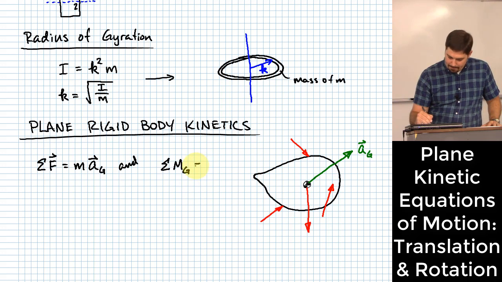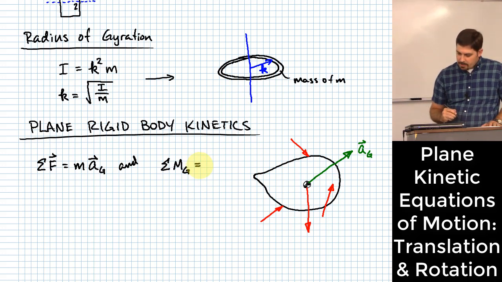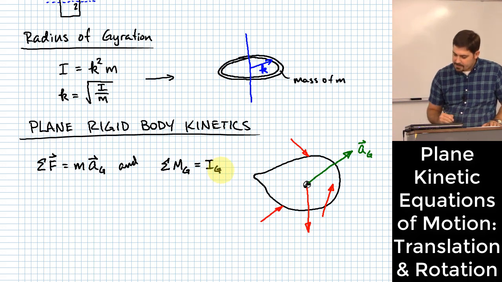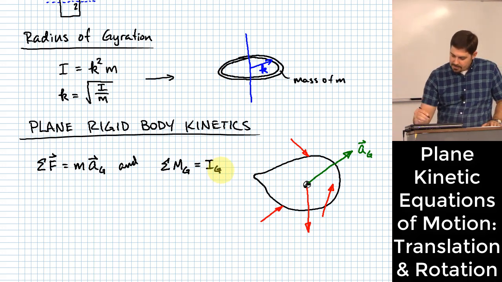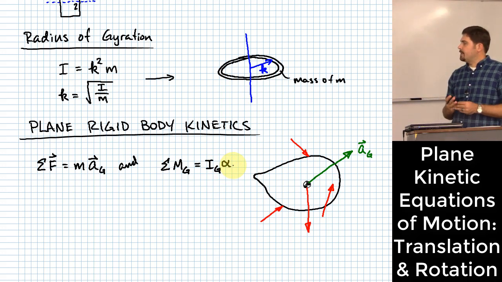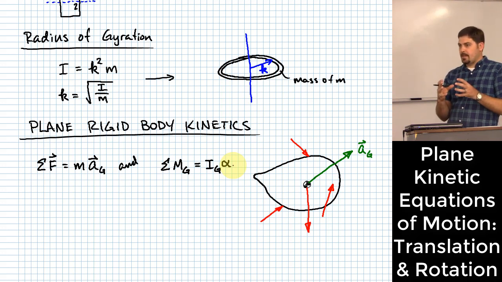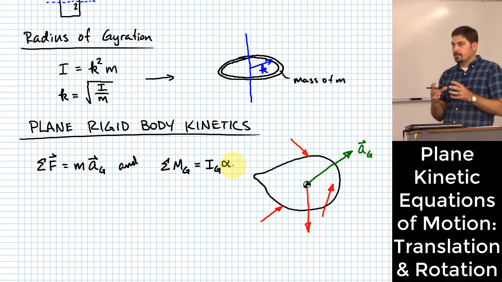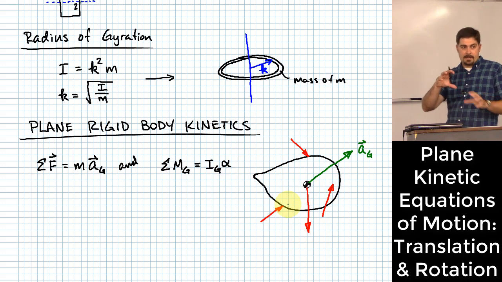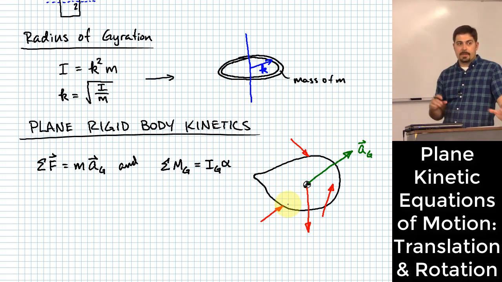And this is going to be equal to the mass moment of inertia about that center of gravity times alpha. And alpha doesn't actually need a subscript on it because an angular acceleration is the same for the entire body. Okay? I can pick any point in this body, and every point in the body is going to have the same amount of angular acceleration because that's a property of the entire body. Okay?